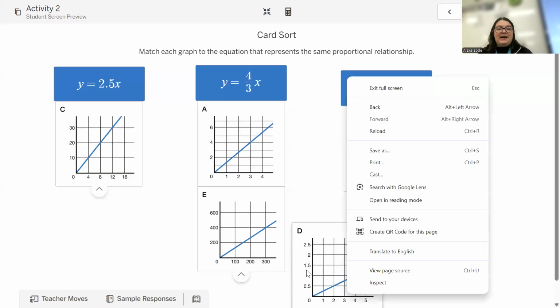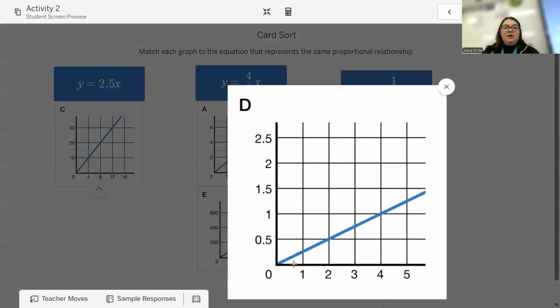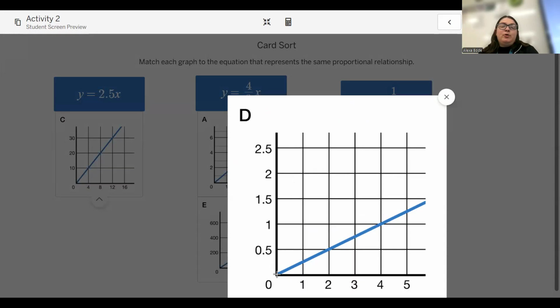And our last one. Card D, again, starting at 0, 0. Notice that all of these cards are proportional. We're focused on just proportional ones tomorrow. So I've got a pretty point here, and I have a pretty point right here. Now, this is a pretty point, even though we have 0.5, we don't have a whole number. So if we don't want to do 0.5, we can find a pretty point that actually is a whole number. I can go all the way up to 1 and go over to 4 here.